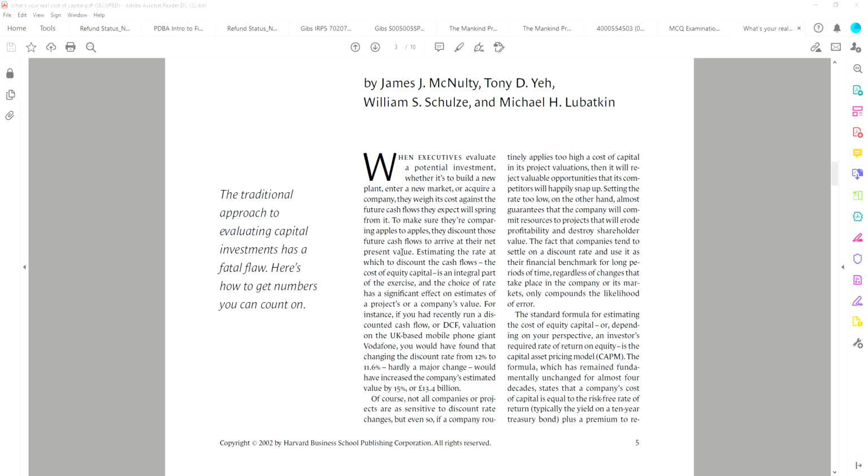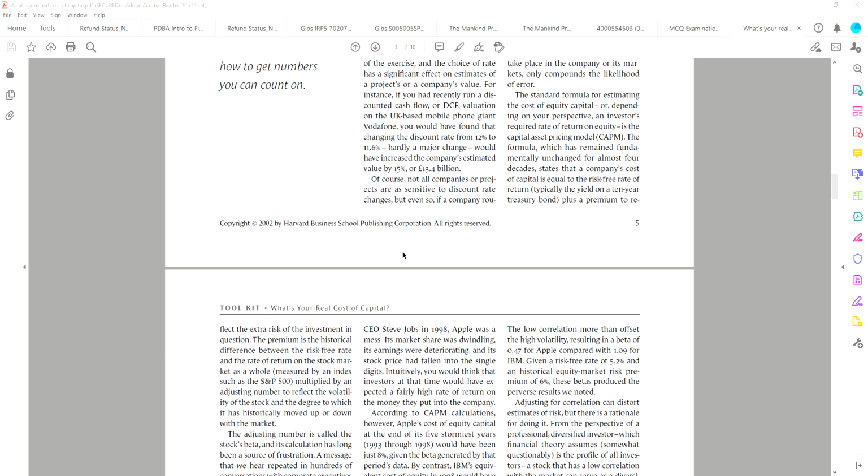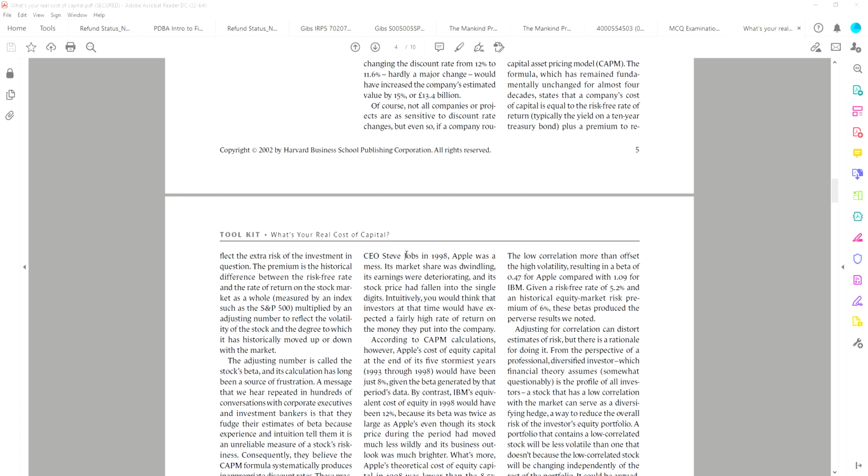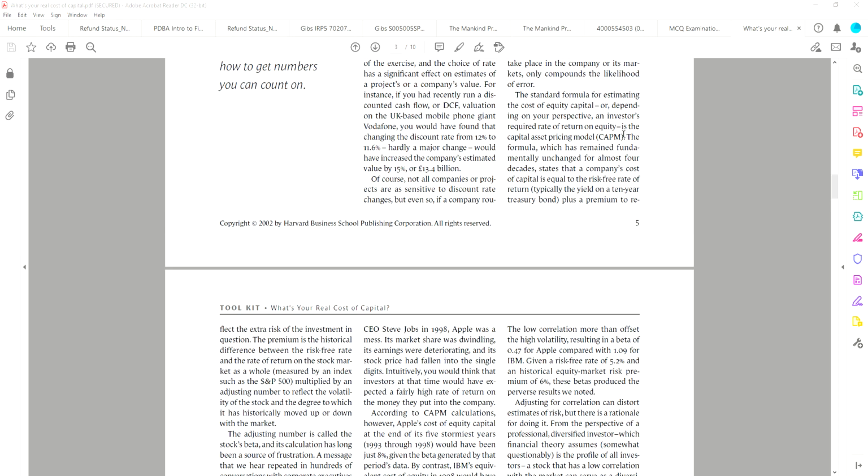Now, no doubt you have read this article, but I am going to just point out one or two areas that I think are important here. We can come here where it says the standard formula for estimating the cost of equity capital, or depending on our perspective, an investor's required rate of return on equity, is the capital asset pricing model.